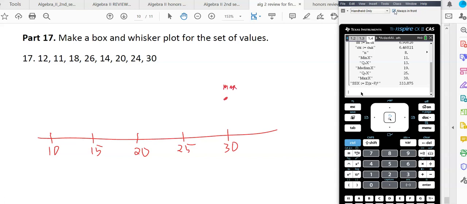The minimum is 11. Q1 is 13. Median is 19. Q3 is 25.